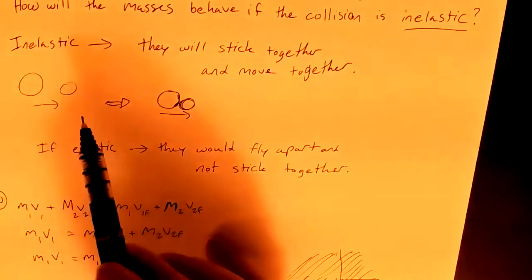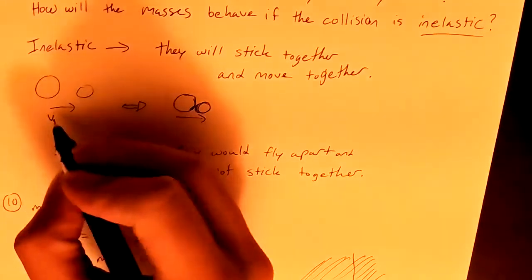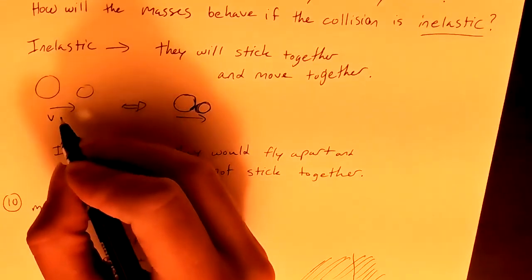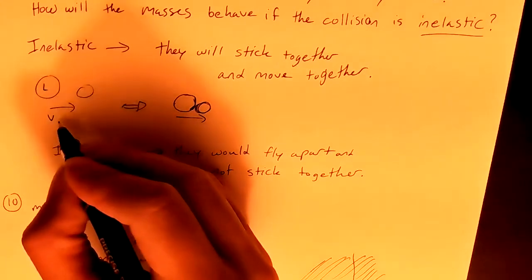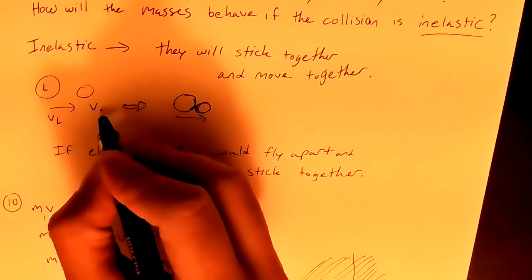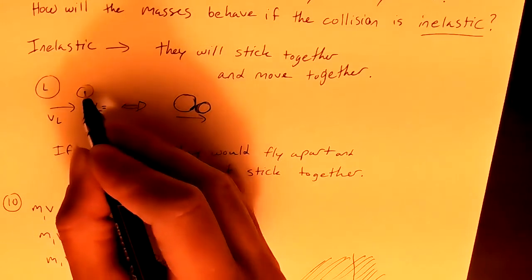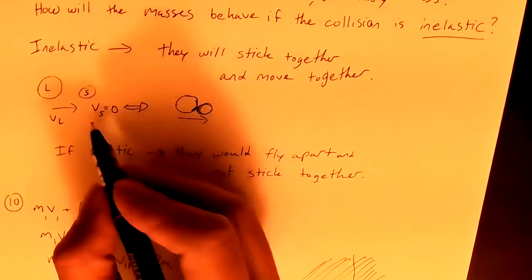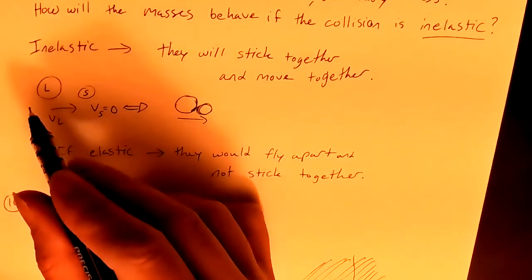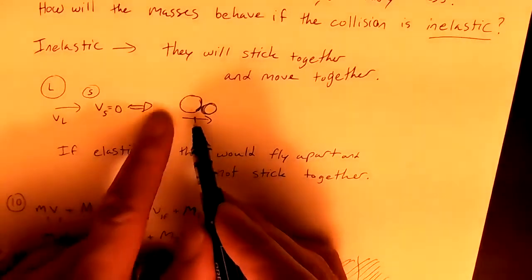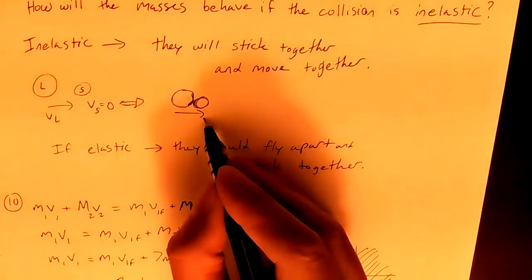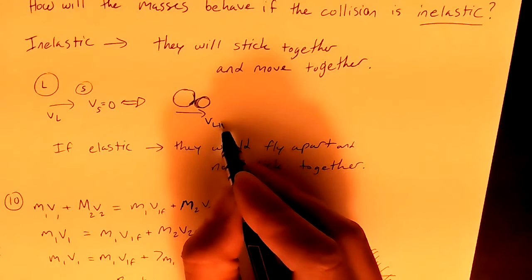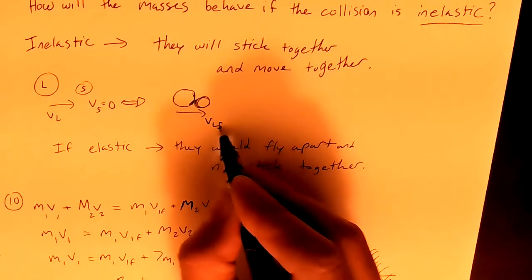So they'll initially start out like this. A large mass will have some velocity, L for large, and then this will be small, and it'll initially be 0, right? So this one hits that, and then they stick together, and then they're moving together with a different velocity.